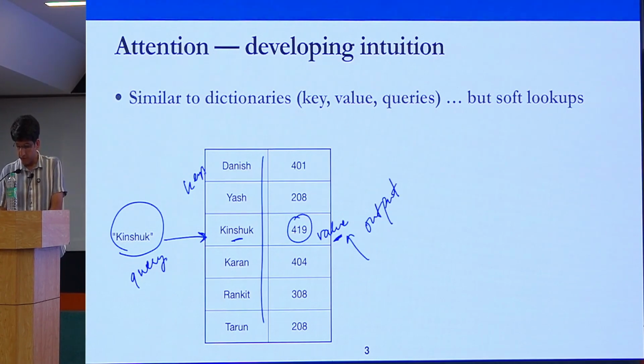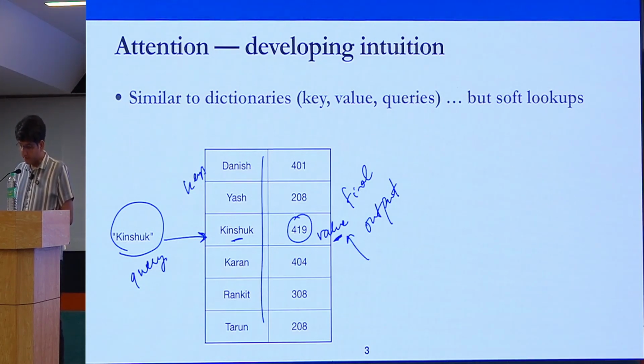So if you want to know where kinshuk sits, the final output is 419, which is the value corresponding to the key kinshuk. This is something you've done in the past in, let's say, a data structures class.